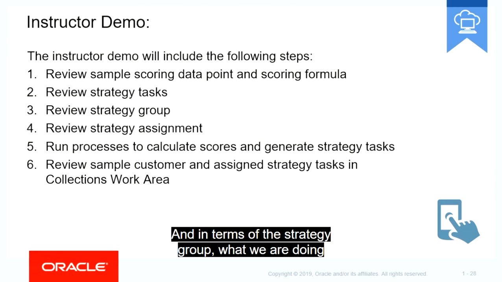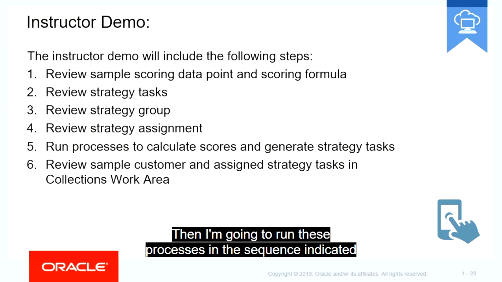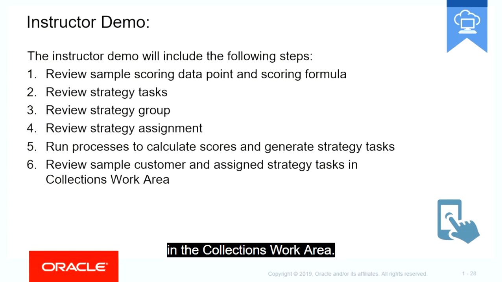And in terms of the strategy group, what we are doing there is making sure that we are assigning that to a customer, right? And of course that will depend on business requirements. We might have different strategy groups for different customers. Then I'm going to run these processes in the sequence indicated and review a sample customer and the newly assigned strategies in the collections work area.